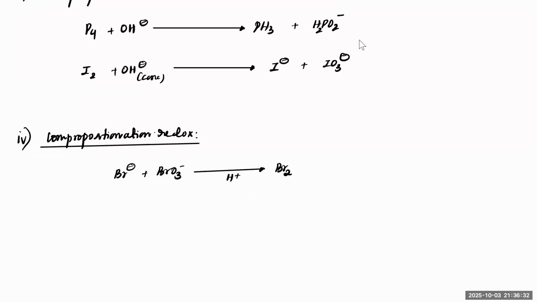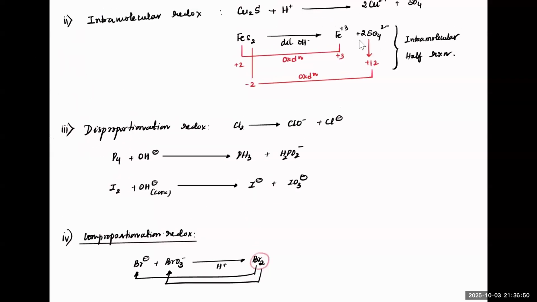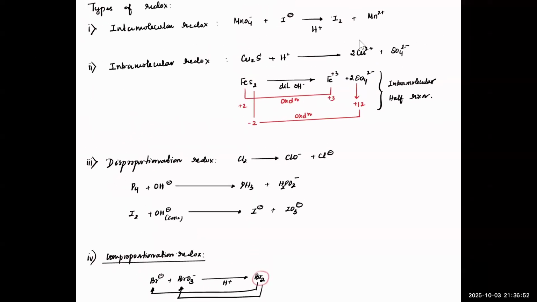So basically, Br2 is the one which is undergoing reduction and oxidation, but in a reverse way. So the same disproportionation in the reverse order is called comproportionation redox. Please do check the terminologies. So there are mainly 4 types of redox: inter, intra, disproportionation, and comproportionation.